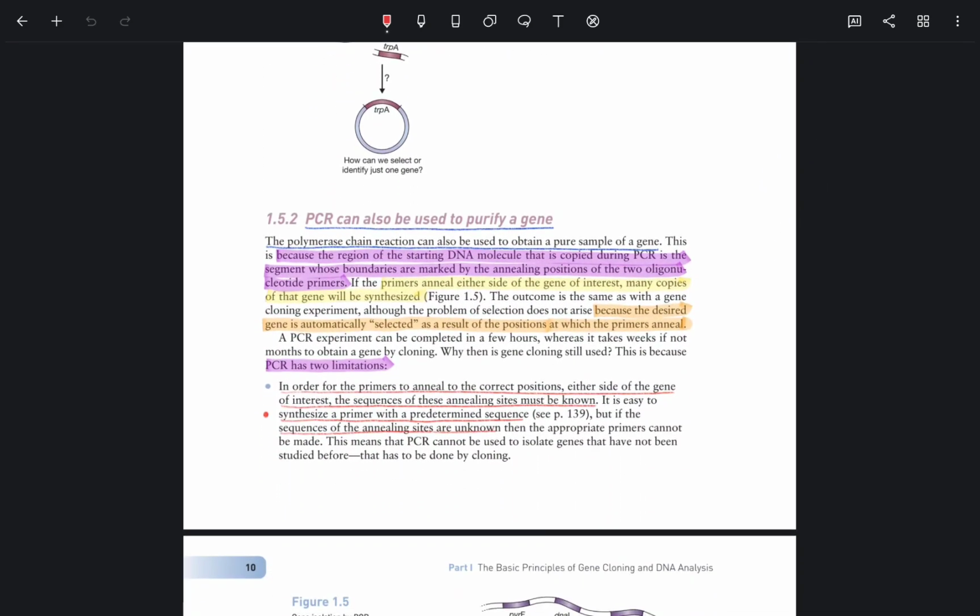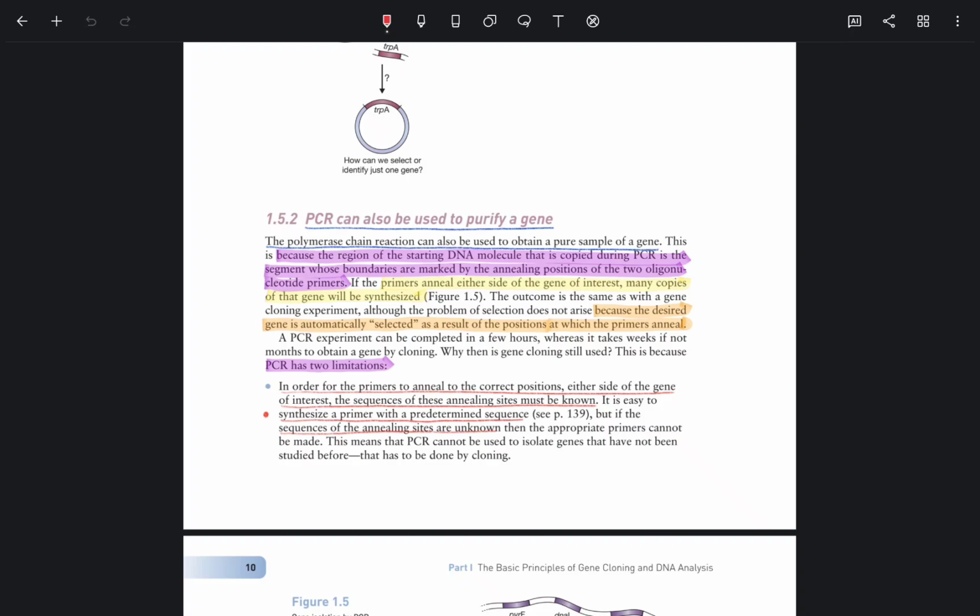PCR can also be used to purify a gene. The polymerase chain reaction can also be used to obtain a pure sample of a gene. This is because the region of the starting DNA molecule that is copied during PCR is the segment whose boundaries are marked by the annealing positions of the two oligonucleotide primers.